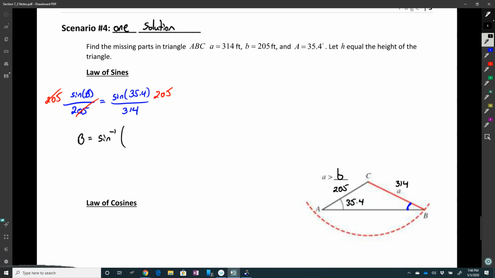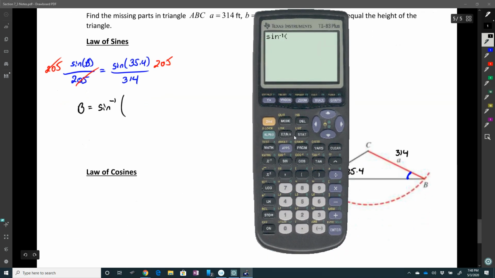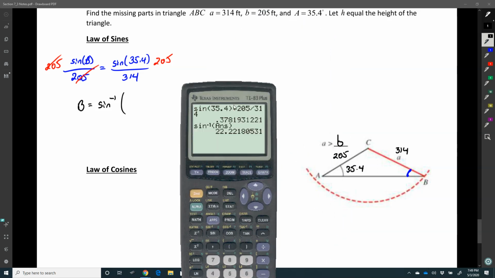So get my calculator. I'll just type in sine 35.4 times 205 divided by 314, and then the inverse sine of that. Second answer, 22.2.